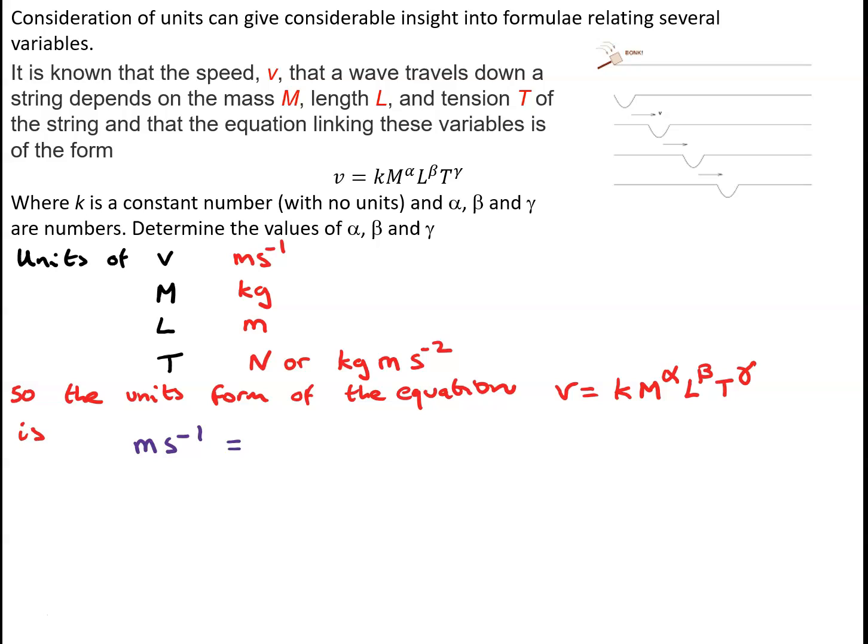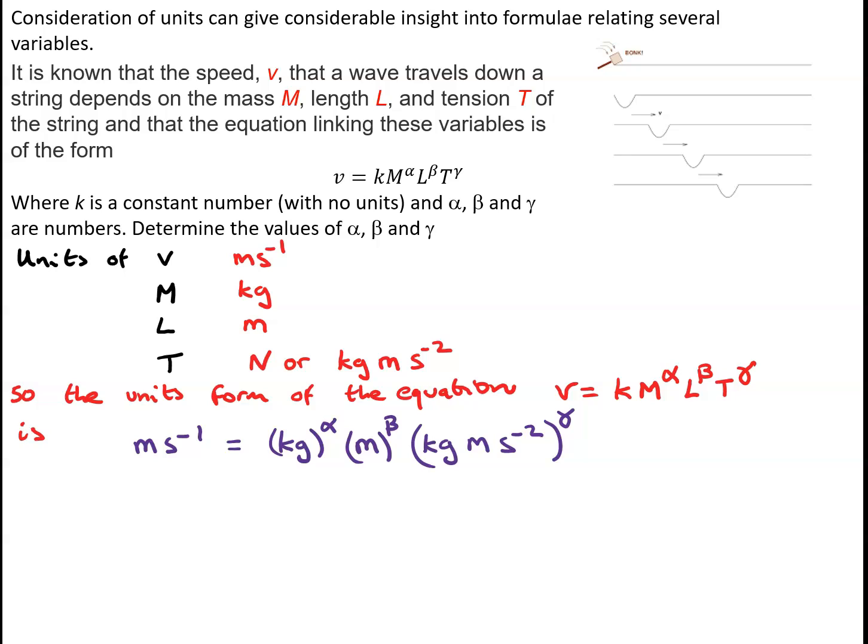We've got m to the alpha, so the units of m are kilograms, so that is kilograms to the alpha. Units of l are meters, so we've got l to the power beta, so that's going to be meters to the power beta when we're thinking about the units. And then finally we've got T to the gamma. T is newtons, or kilogram meter seconds to the minus 2. But we want T to the gamma, so we've got kilogram meter second to the minus 2, all to the power gamma.